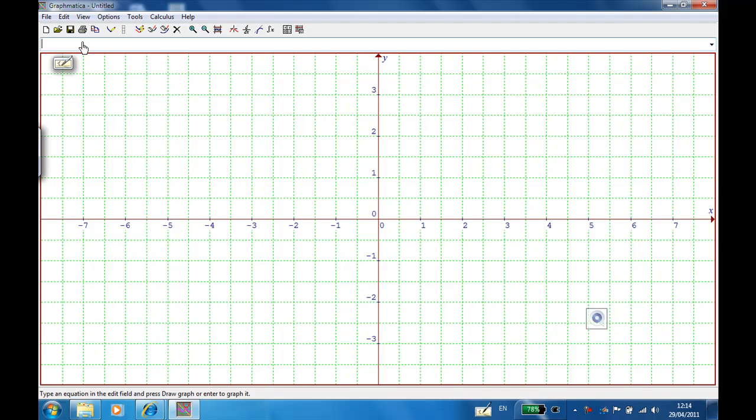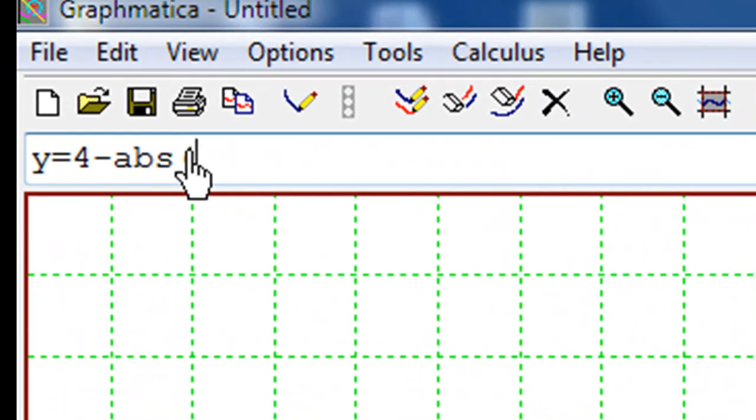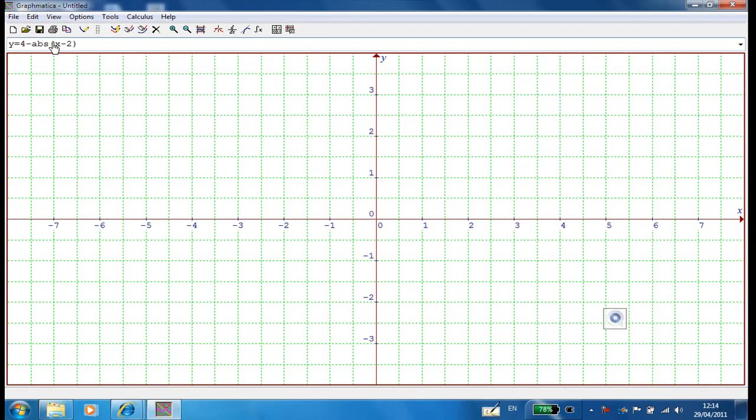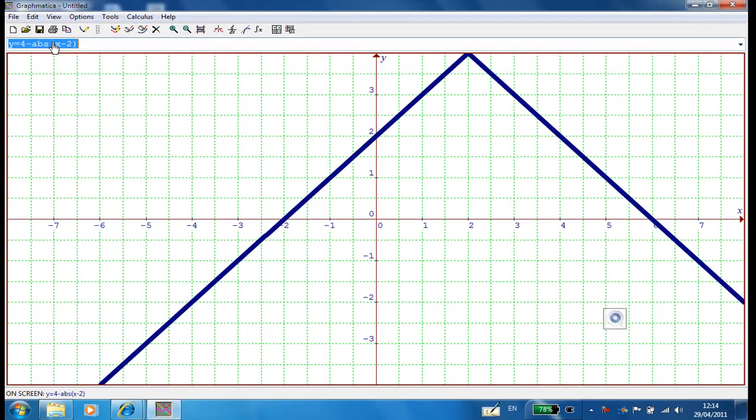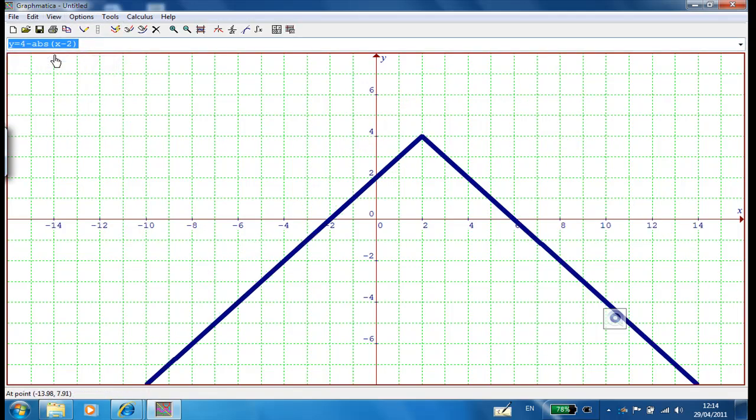Let me enter the equation: y equal to 4 minus absolute value of x minus 2. And then I press enter. Then you can see the graph looks like this. I can see a better picture by zooming out. You can see how the graph will look.